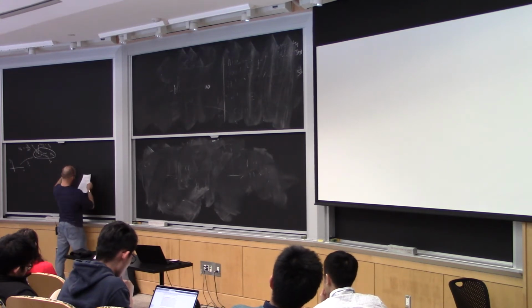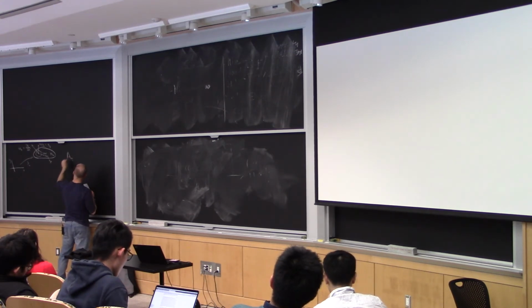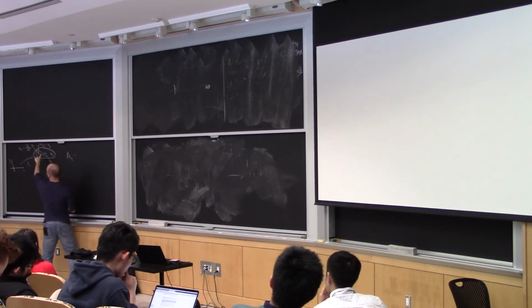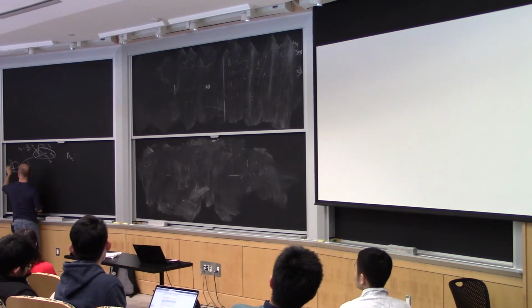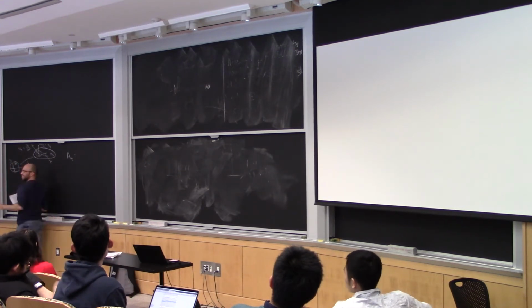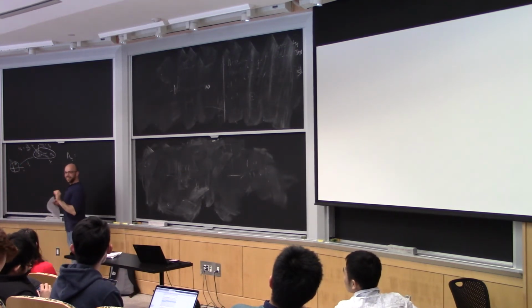So I'm going to write that the area of this thing as a function of time is equal to what? Well, let's call this patch omega, and this region omega bar, so I'll give you a domain of integration.